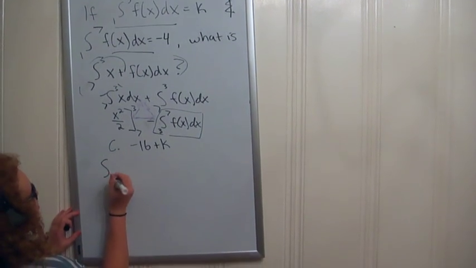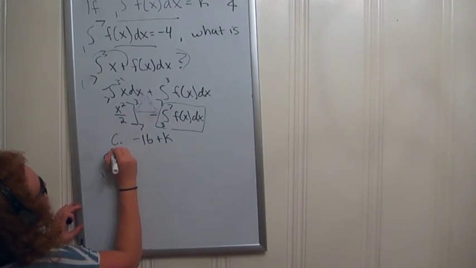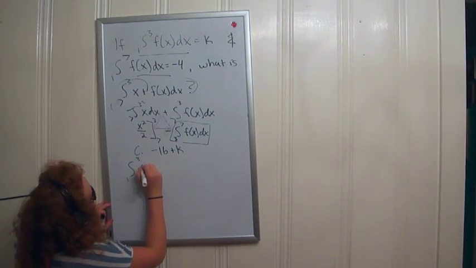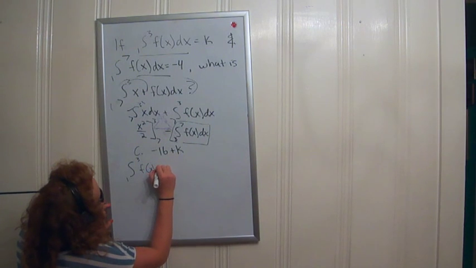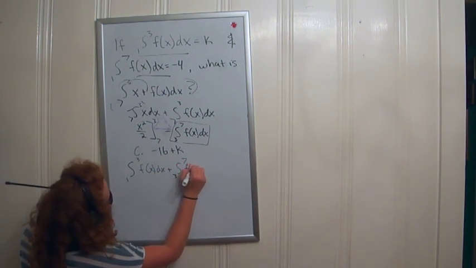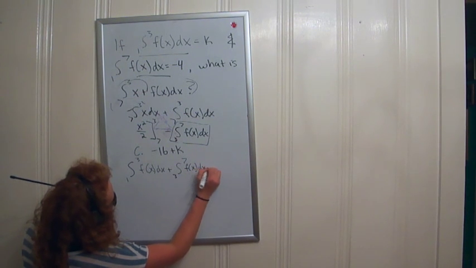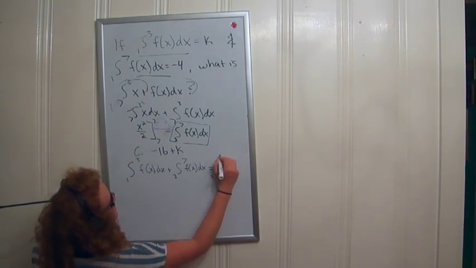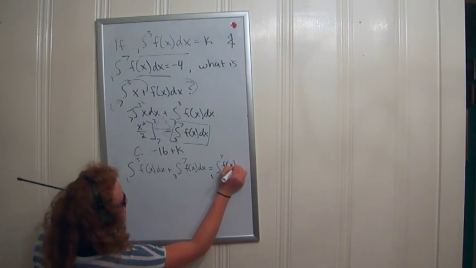So we can do the integral from 1 to 3 of f of x dx plus the integral from 3 to 7 of f of x dx equals the integral from 1 to 7 of f of x dx.